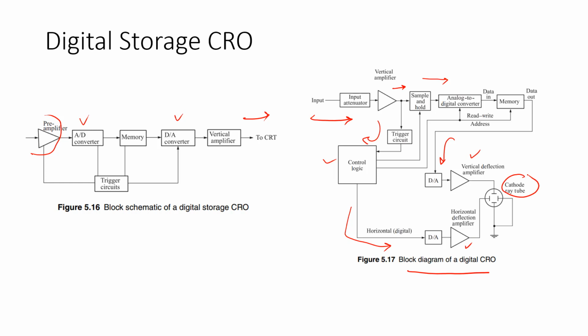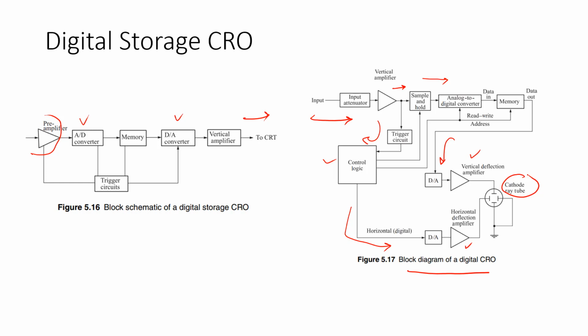So the main differences between the digital storage CRO and the analog storage CRO: in the digital storage CRO, we have an additional block, that is the analog to digital converter to store the data in the memory.